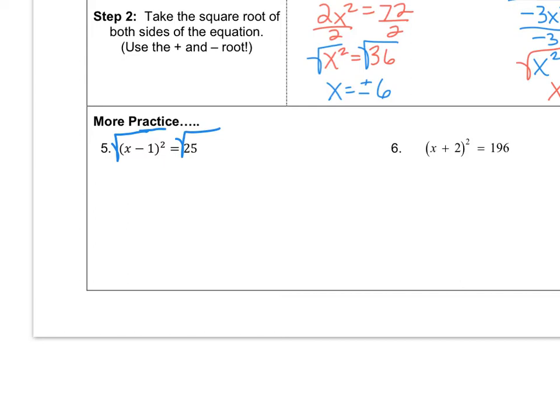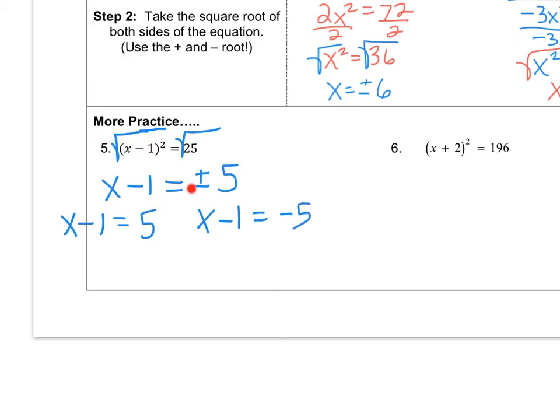So the square root of x minus 1 squared is just plain old x minus 1 equals plus or minus 5. Now we need to finish solving it for x, but now we've got two equations here because of the plus minus sign. So what we really have is x minus 1 equals positive 5, and x minus 1 equals negative 5.